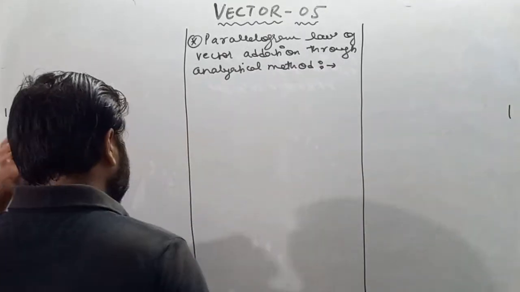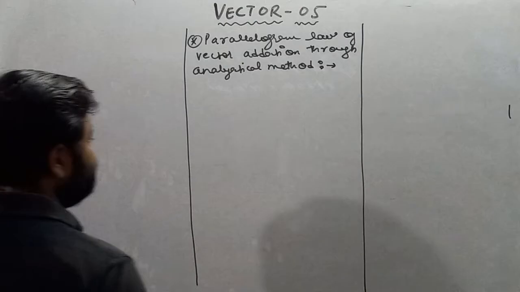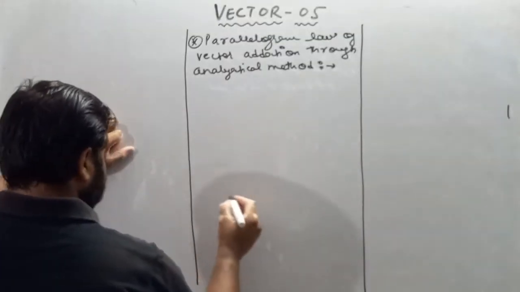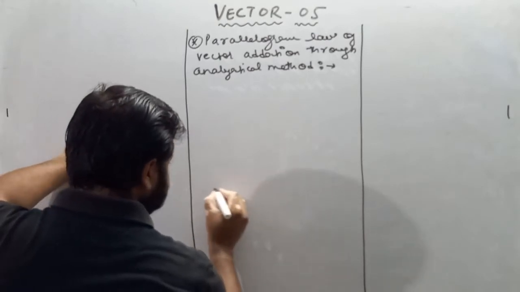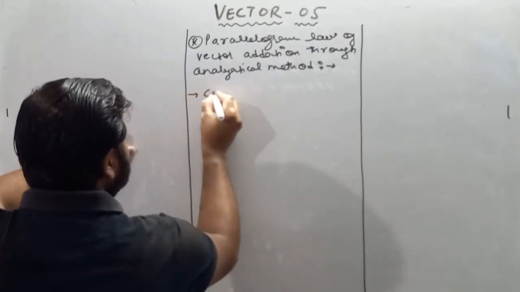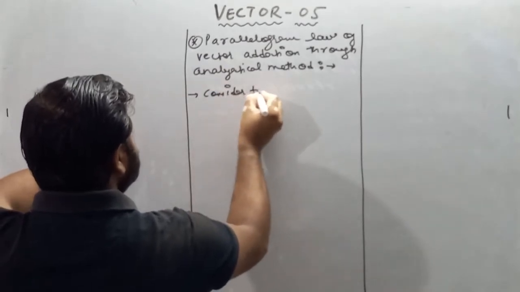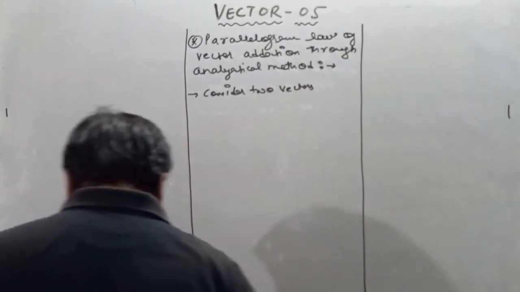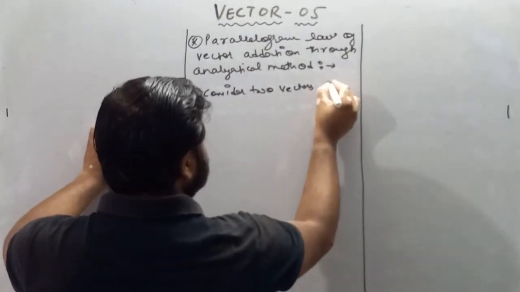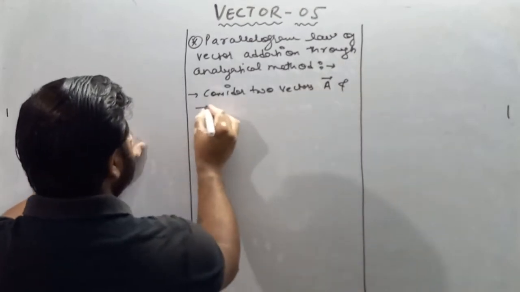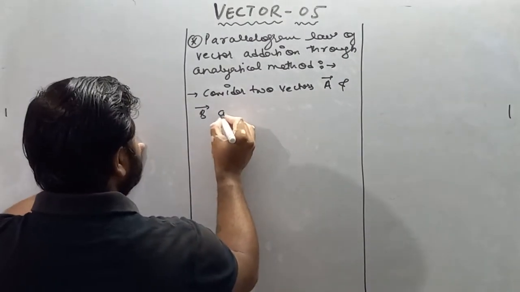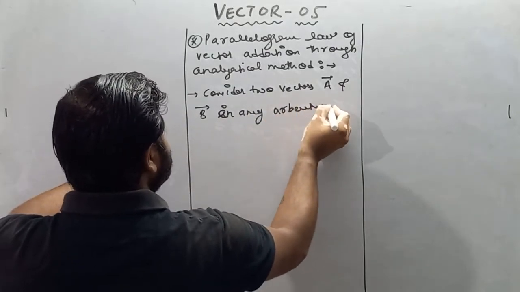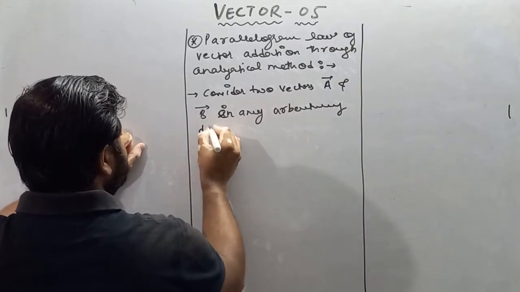I hope you are all aware of the parallelogram law, which says that if we have two vectors, let's suppose, consider two vectors A vector and B vector in any arbitrary direction.